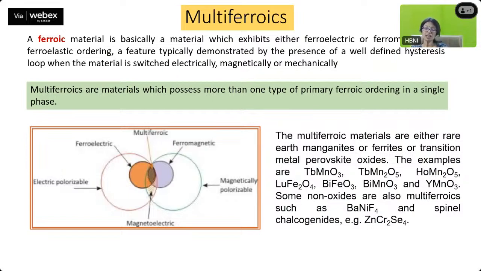Examples are TbMnO3, TbMn2O5, holmium manganate, LuFe2O4, bismuth ferrite BiFeO3, bismuth manganite BiMnO3, or yttrium manganite YMnO3. Some non-oxides are also multiferroic, such as BaNiF4 and spinel chalcogenides like ZnCr2Se4. These are different examples of multiferroic materials which have been studied to quite some extent.